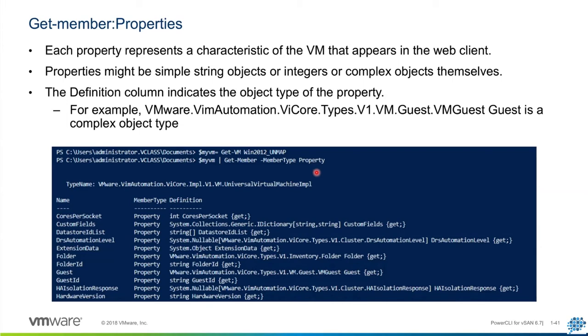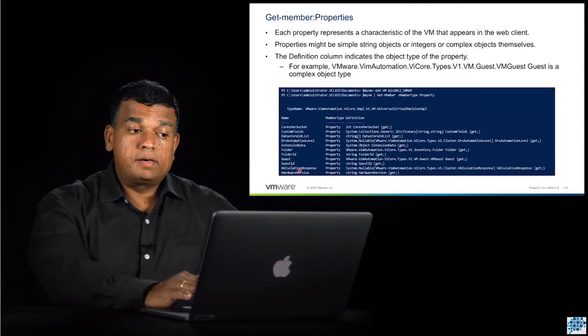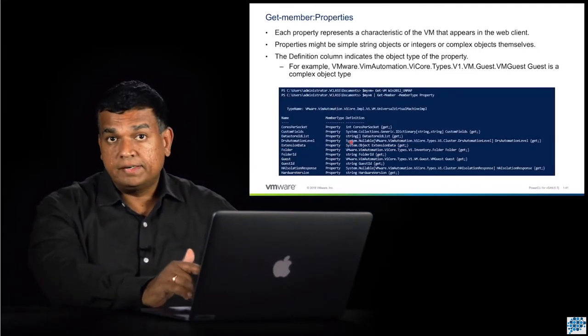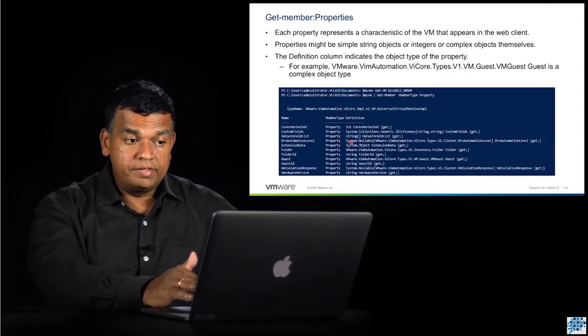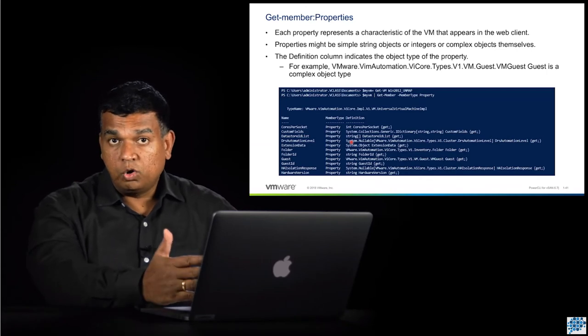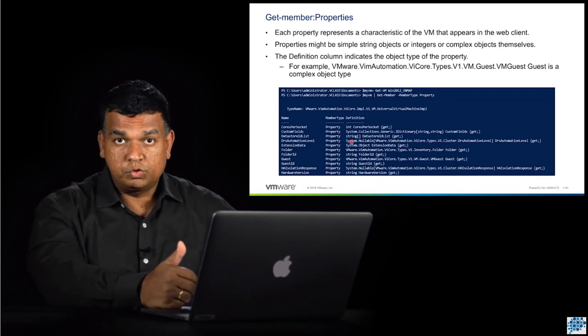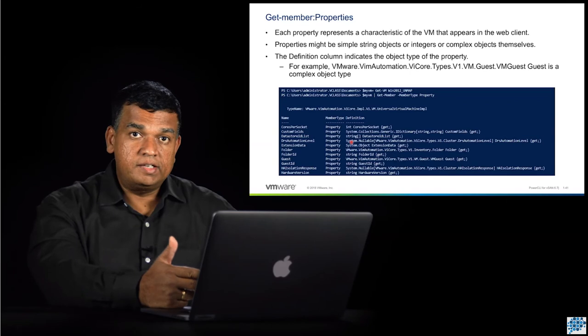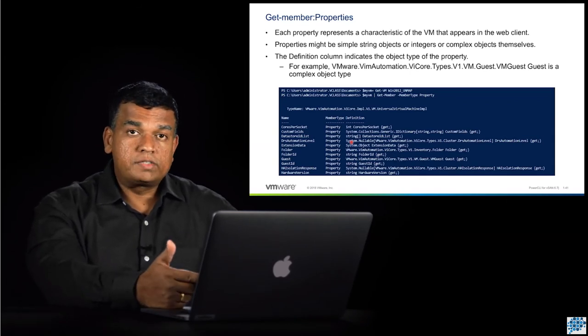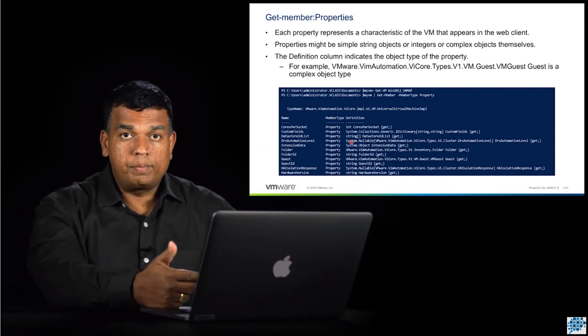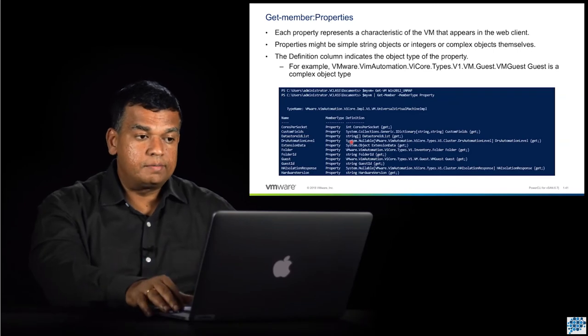So I'm restricting the output to only the properties. You can see that there are a lot of properties associated with a virtual machine object, but this is also a truncated list. I cannot fit the output on this screen, so there are a lot of other properties associated with a virtual machine. As you can see, every PowerCLI object will have a lot of properties associated with it.